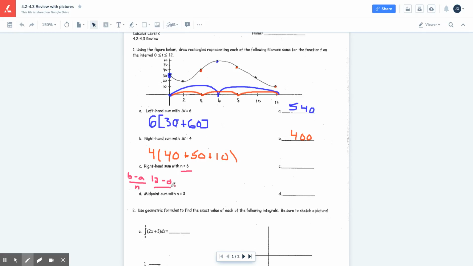And n is the number of rectangles I want, which in this case is 6. So 12 over 6 is 2, so our delta x is going to be 2. So 2 is going to go on the outside, which means every 2 we have a rectangle.